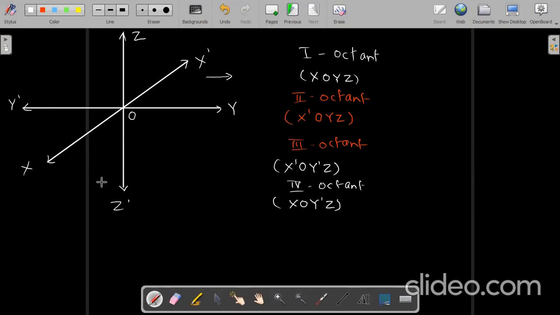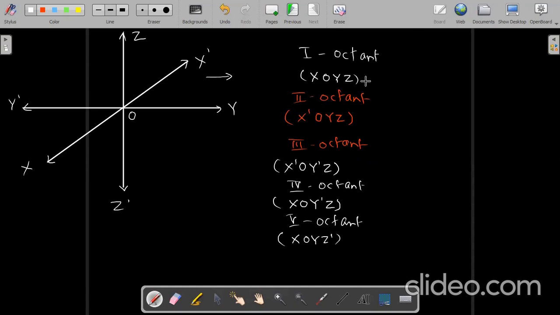Okay. Then fifth, again come this side, the below, O Z dash X Y. Fifth will be X O Y Z dash, same thing, plane. So the fifth octant will be X O Y Z dash.